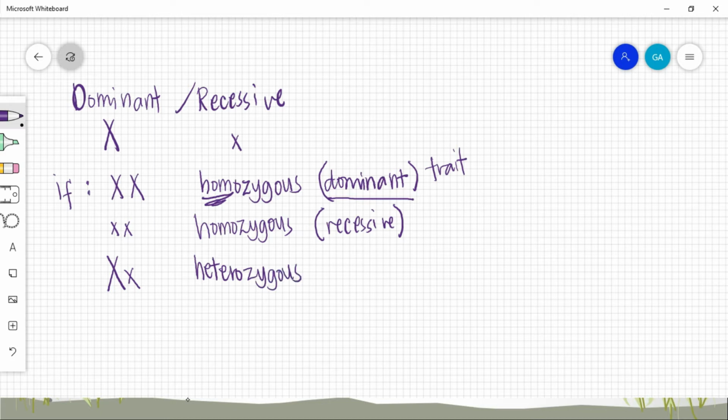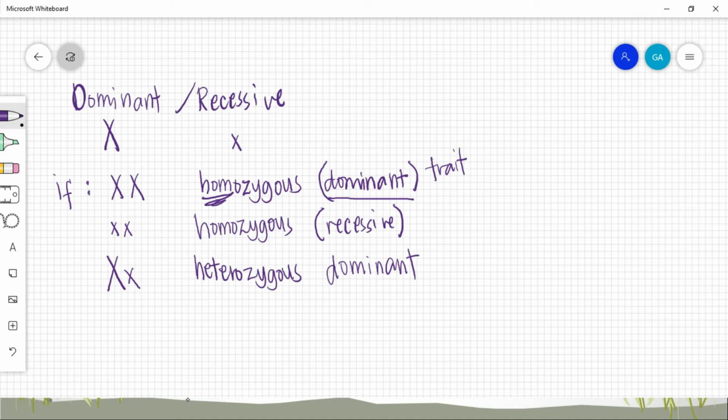So by following the law of dominance, if an individual has a trait that is heterozygous, it is always the dominant trait that is visible. So that is heterozygous dominant trait. Okay?